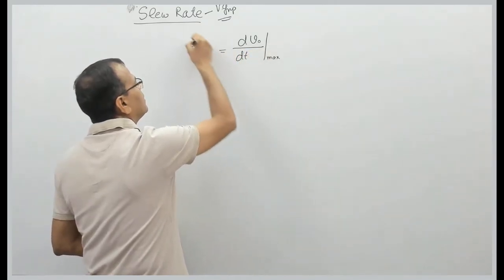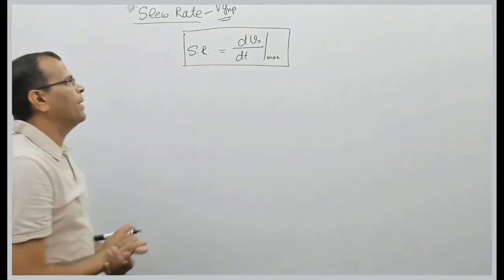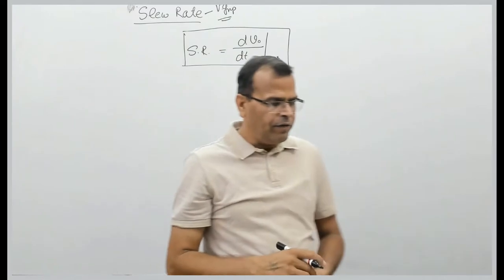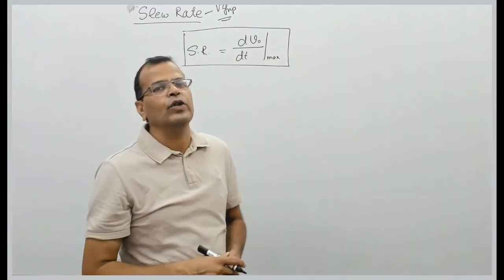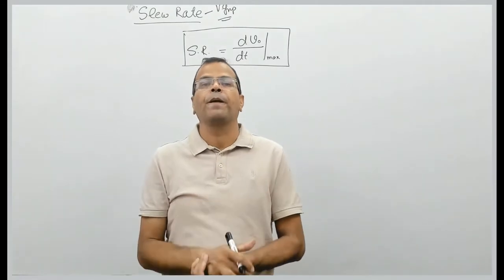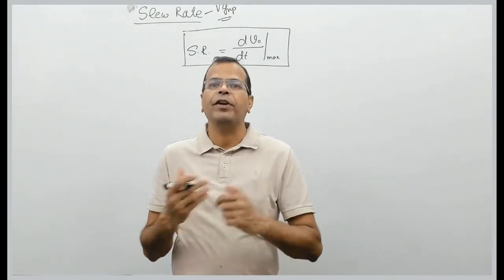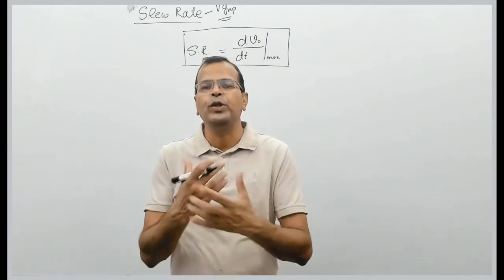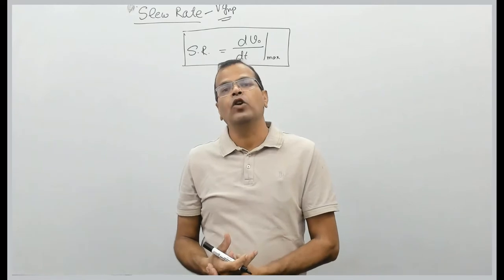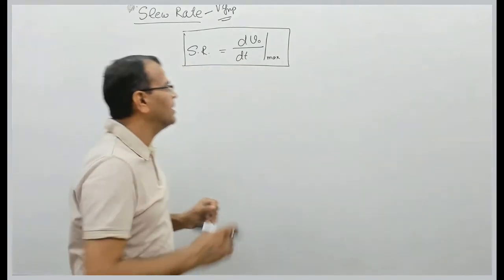That is nothing but the slew rate of the op-amp. So we will be able to determine the maximum frequency or maximum amplitude of the signal obtainable at output without introducing distortion. We will see it mathematically.